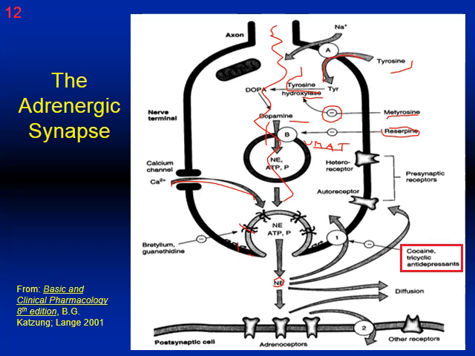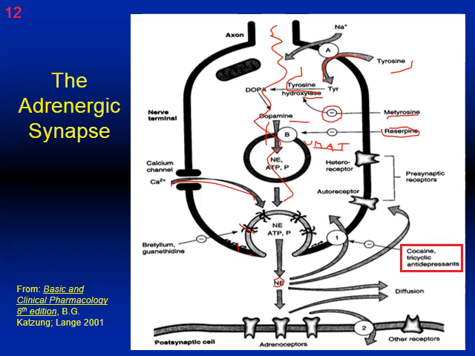Again, this happens like a ketchup pack splattering all over the cleft. So it's messy. The norepinephrine gets released in a burst through exocytosis. Some of it diffuses to adrenergic receptors on the target tissue.